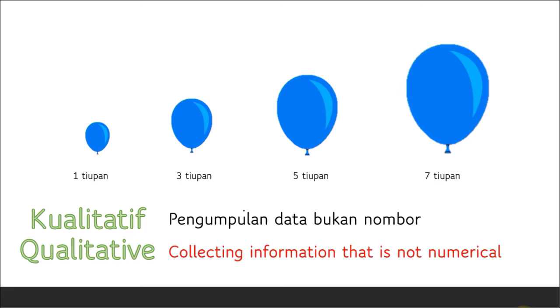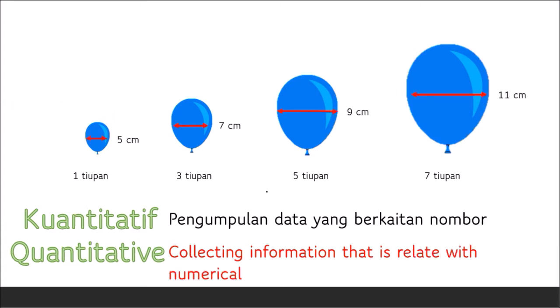They are descriptive. For example, when you see this data, we can see this is 1 blow, we have 3 blows, 5 and 7 blows. We can say that the size of the balloon is increasing. That is qualitative observation.